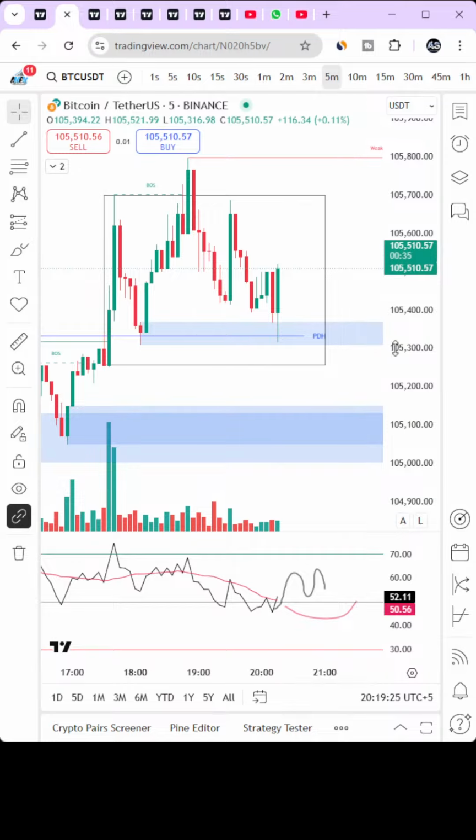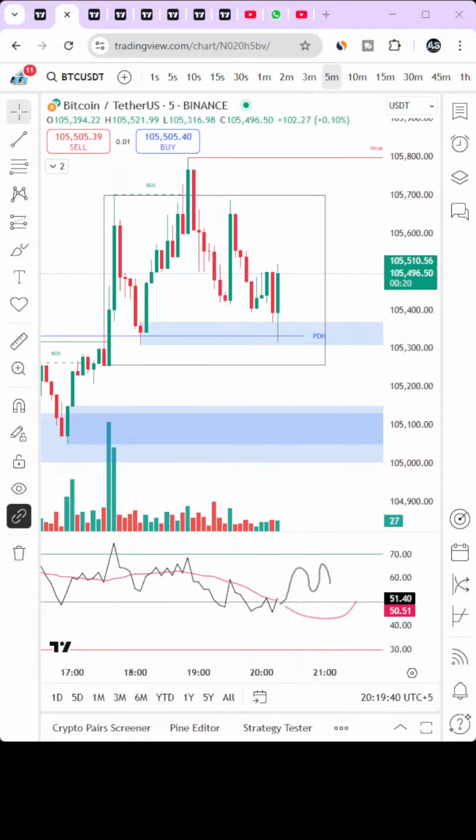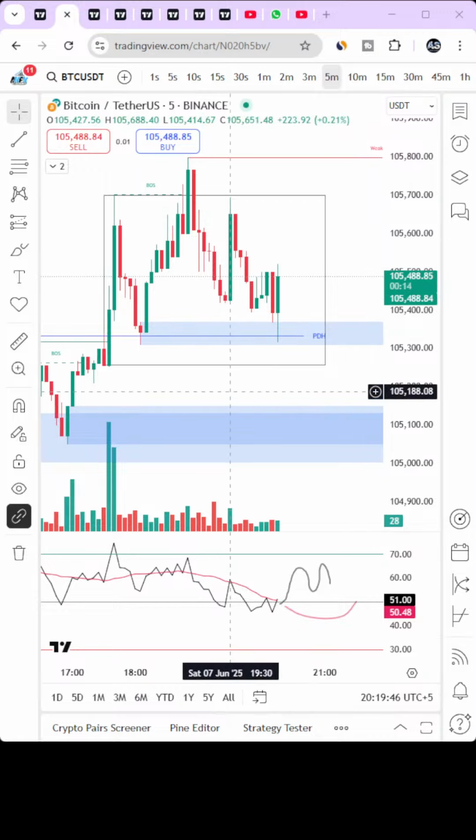Now let's see what happens. This is also an artificial black line. Maybe a fake out. Let's see.